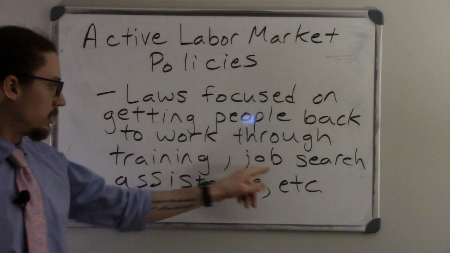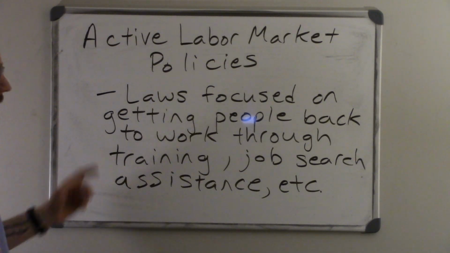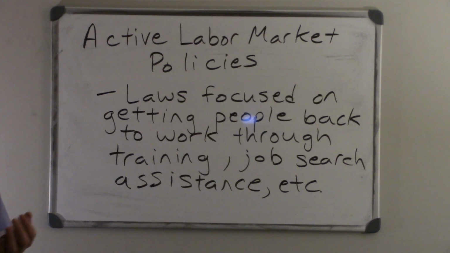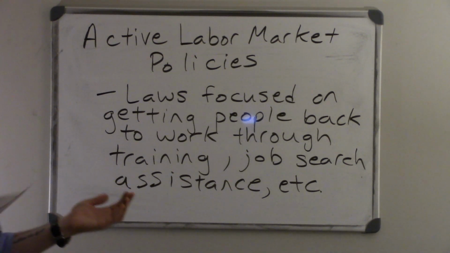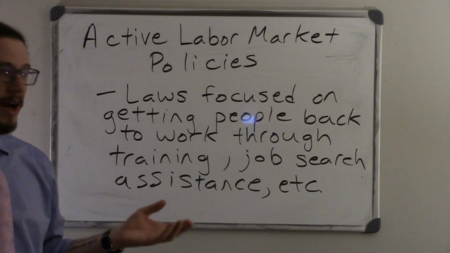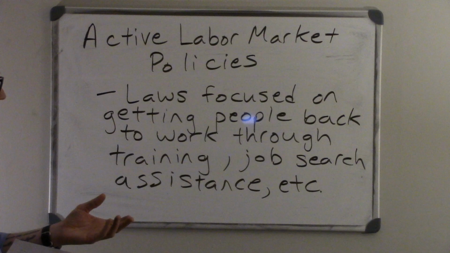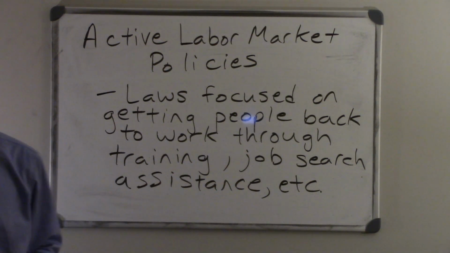So training and job search assistance. Giving people the training they need so that they can compete in the labor market, increase their skill levels, increase their value to potential employers, help them get a job easier, and then also just helping them search for a job.